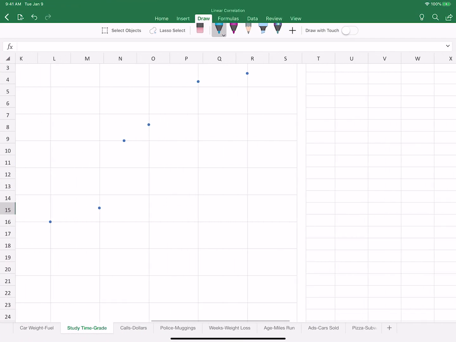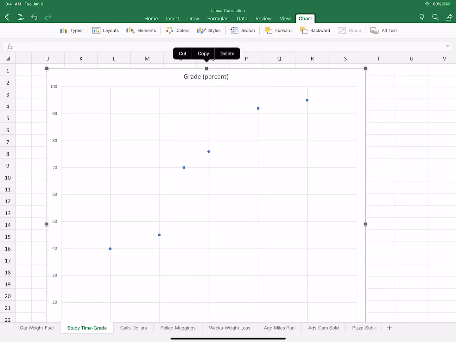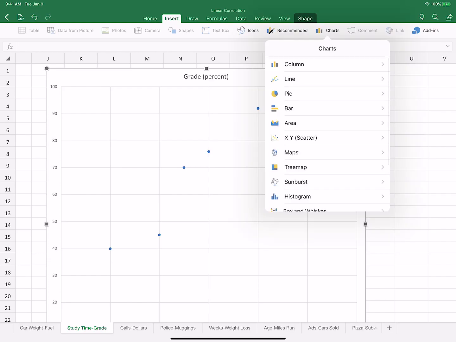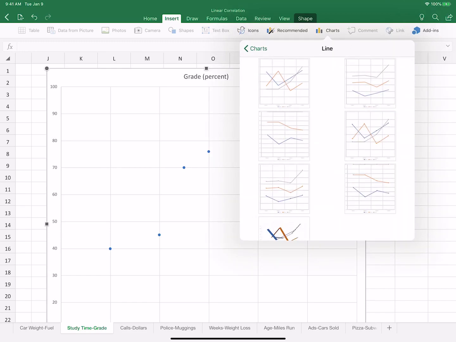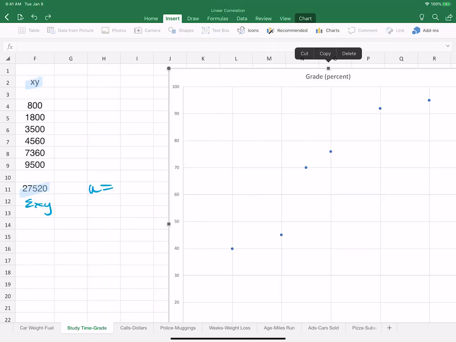Okay, so go over here. Remember, we're going to insert. Was it insert? Let's go here. Home, no. Data, no. Draw, no. It's insert. What was it under there again? Charts. I don't think that was it. I think it was line, maybe? Ah, nope. Let's go back.